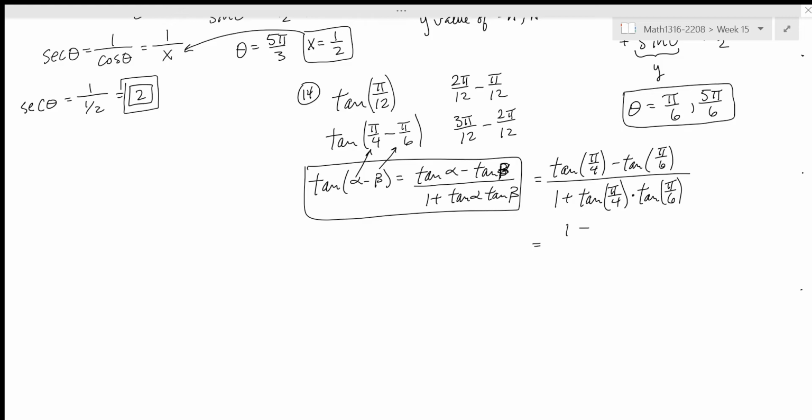Not everybody at once. Square root of 3 over 3? All over 1 plus 1 times square root of 3 over 3.